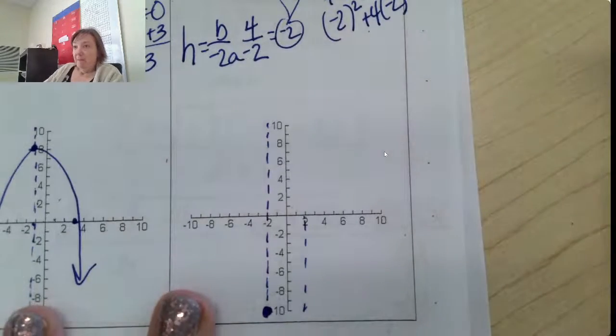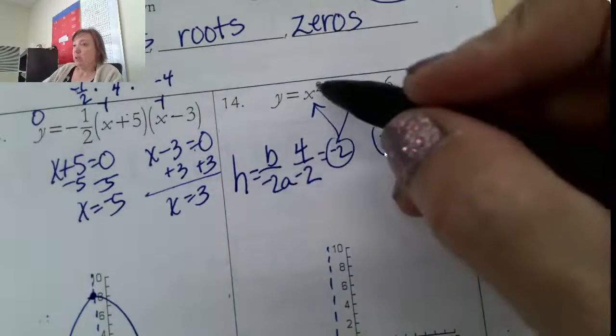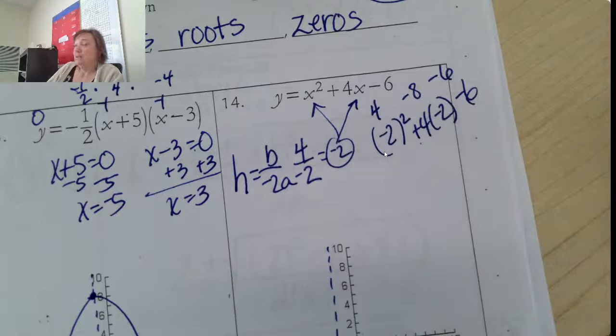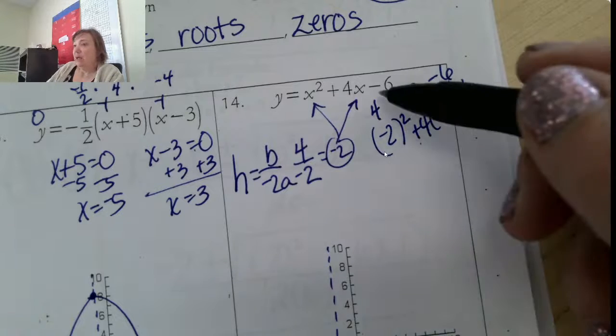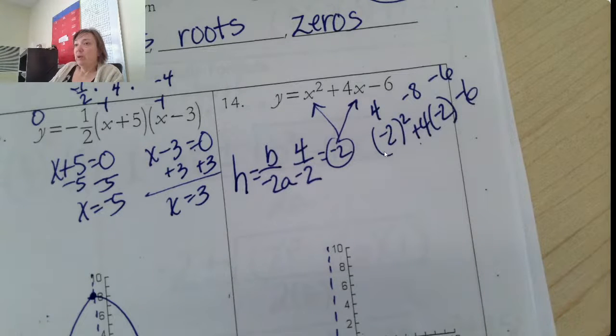Now, another thing we could do, we could just pick some values, plug them in. We could also find our x-intercepts. We could factor that guy and figure out what our x-intercepts would be if it's factorable. Sometimes they're not factorable, and this is actually one that's not.